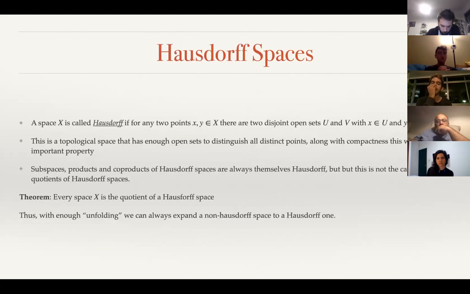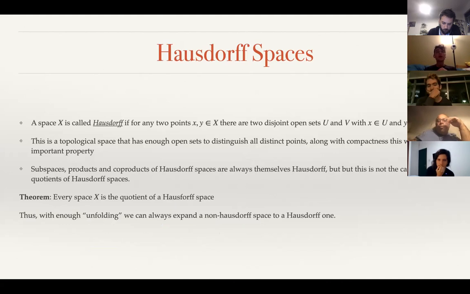Okay, Hausdorff spaces. A Hausdorff space is a space where each pair of points can be separated by the topology. It means basically that you have enough open sets such that any 2 points can be distinguished by an open set.